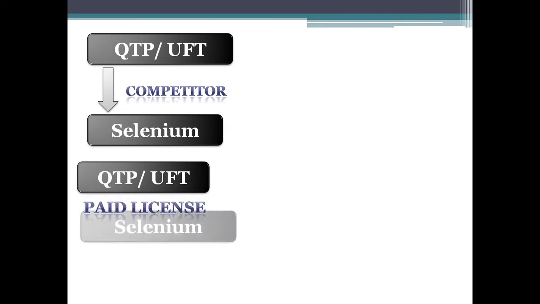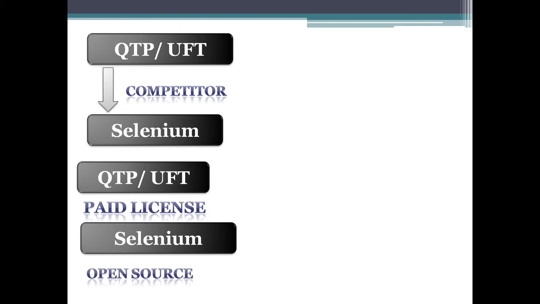QTP or UFT is again an automation tool, and it was owned by HP, right? And Selenium is its competitor. Why? We are soon going to know this. QTP or UFT is paid and Selenium is free, right? This is the reason QTP or UFT are the competitors of Selenium. So now why is it related to us? How is it related to that periodic table?